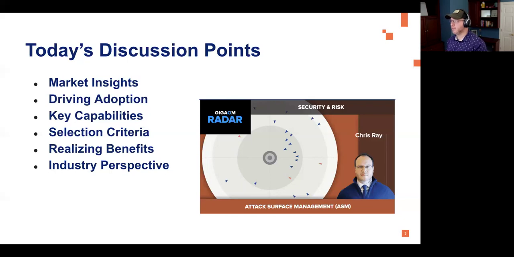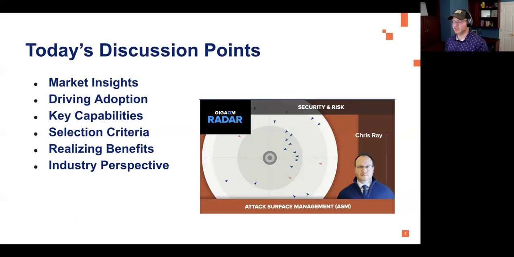Keeping that in mind, when we're talking about attack surface management, there's really only a handful of key capabilities, the things they must do to be an attack surface management solution. They must do them really, really well.